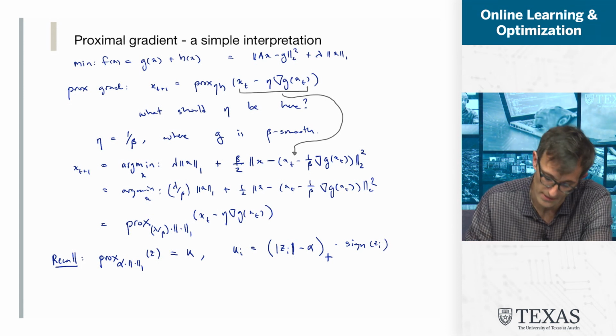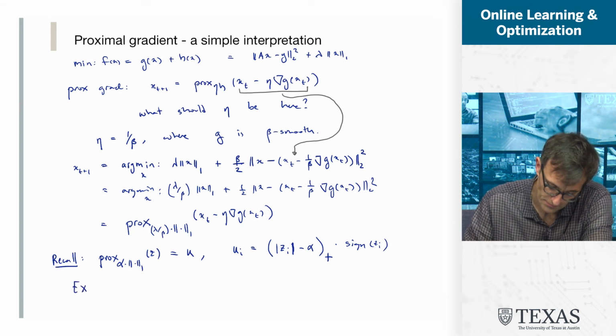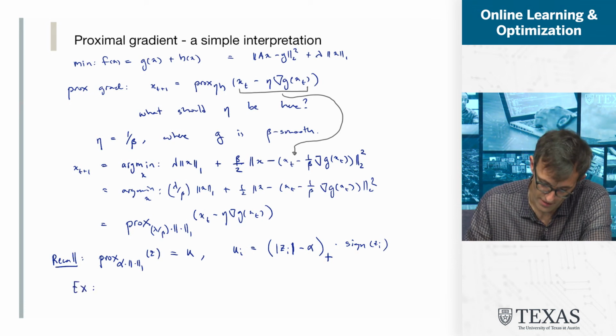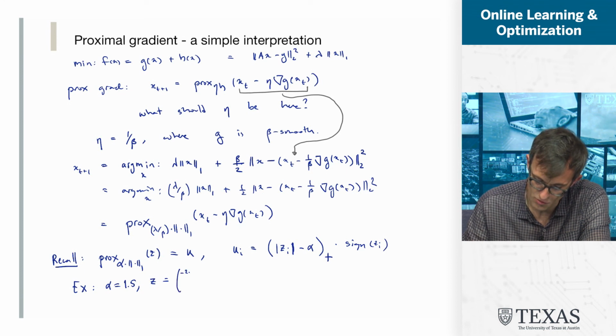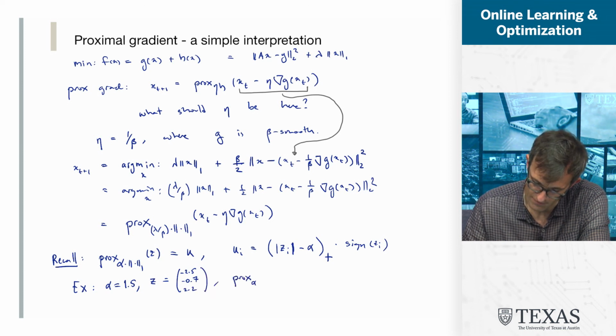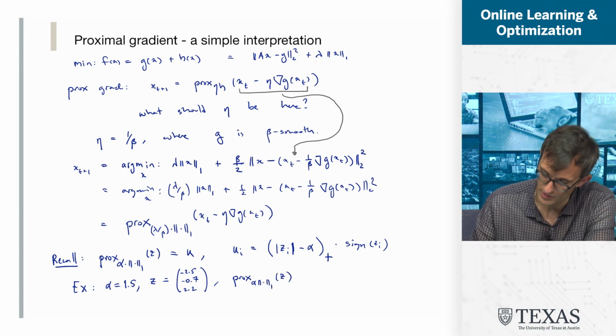So let me just give you an example here. If alpha is equal to 1.5 and z is equal to, say, minus 2.5, minus 0.7, 2.2, then the prox alpha of the 1 norm of z, let's see what it does.